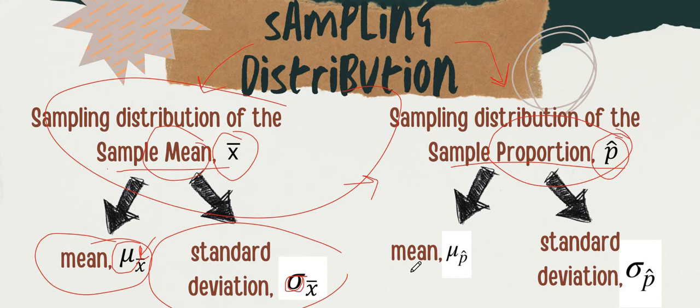After that, we find the mean of the sample proportion, and then the standard deviation of the sample proportion. This is how we write the symbols for these. On this slide I just introduce you to the symbols.